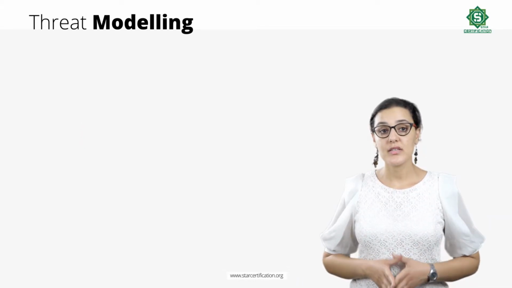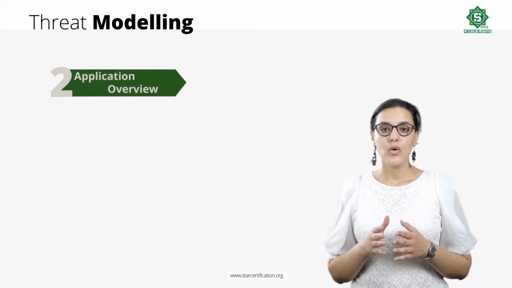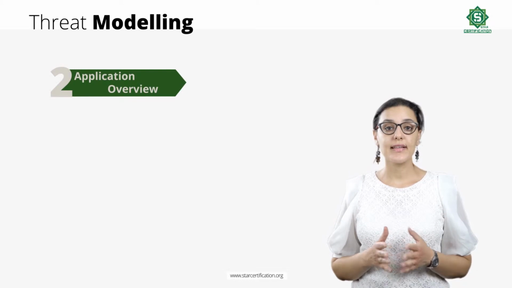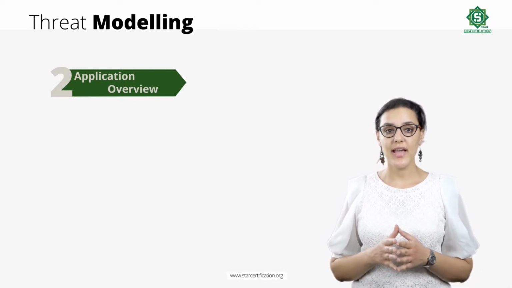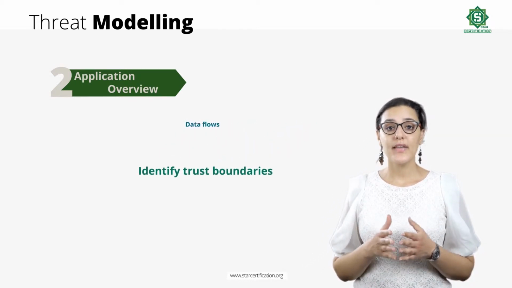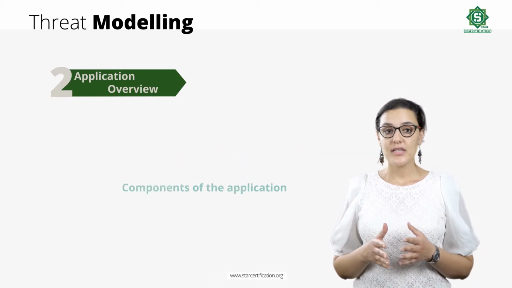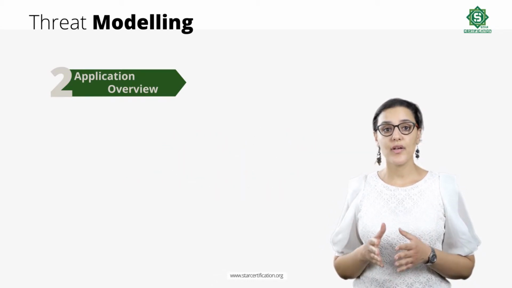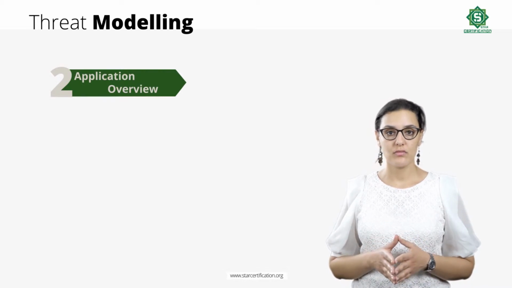Now let us understand the second step, application overview. Once the security objectives are clearly defined, it becomes necessary to analyze the design of the application to be able to identify trust boundaries, data flows, and components of the application. Design documentation and architecture of the application should be surveyed for analyzing the application.